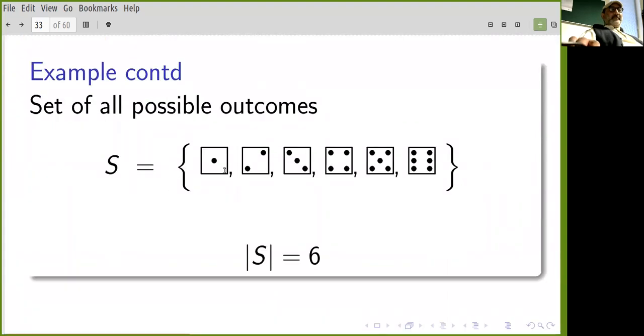The set of all the possible outcomes: you could roll a 1, a 2, a 3, a 4, a 5, or a 6. And there are 6 elements in this set of all possible outcomes. Usually in this course we will be using capital S for the set of all possible outcomes of an experiment.